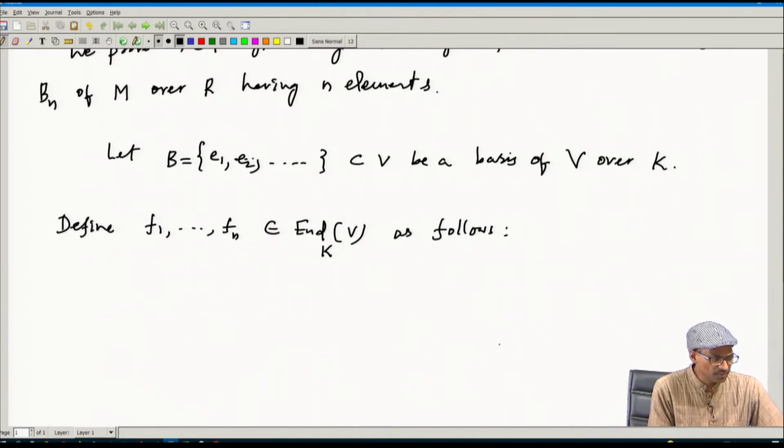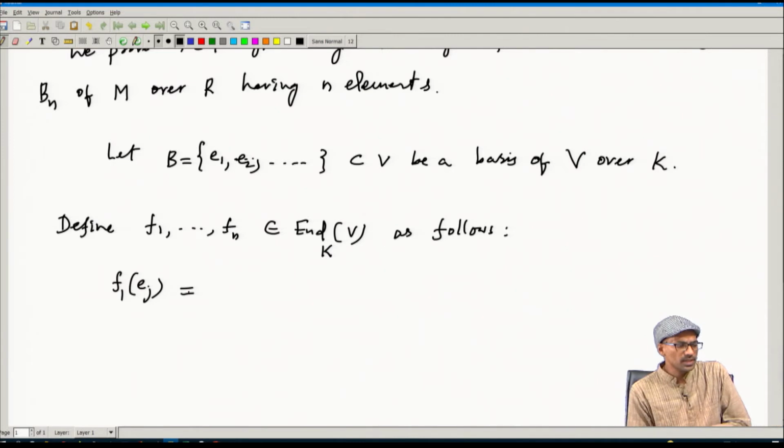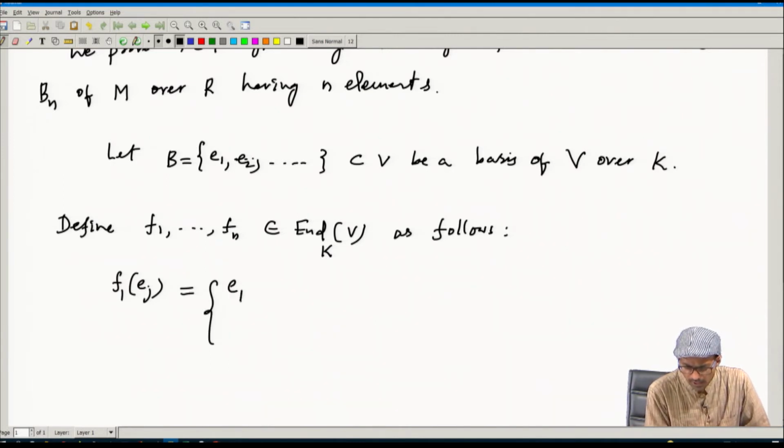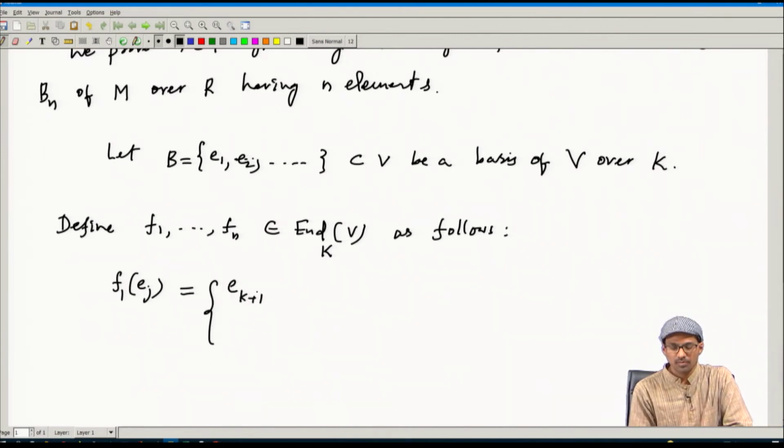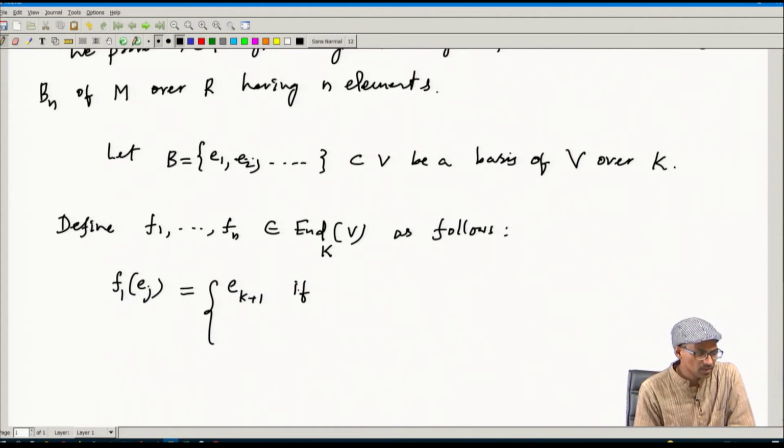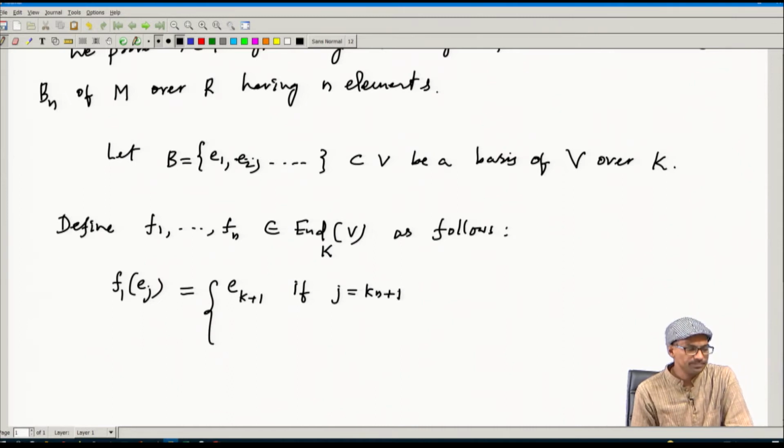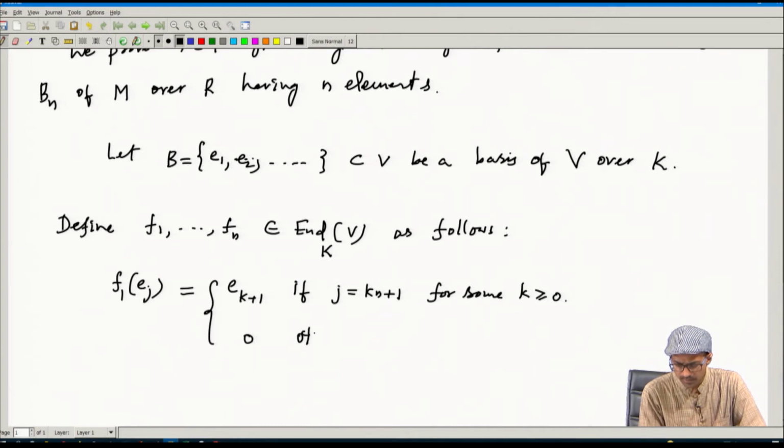F1 of Ej is E k plus 1 if j equals k n plus 1 for some integer k greater than or equal to 0, and 0 otherwise.